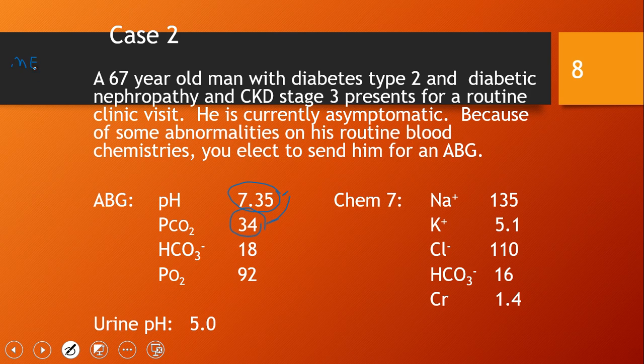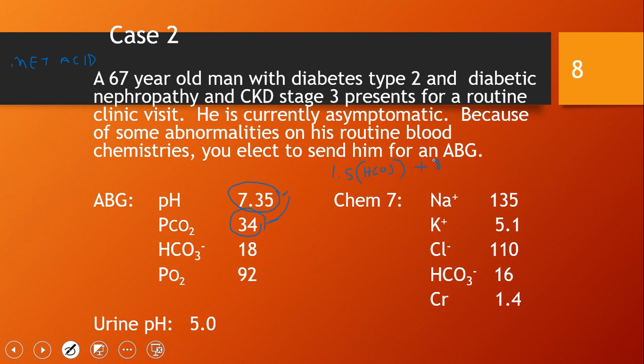Metabolic acidosis. Okay, next step. Now that I think it's metabolic acidosis, I'm going to use that little equation that I talked about earlier, which was 1.5 times bicarb plus 8.